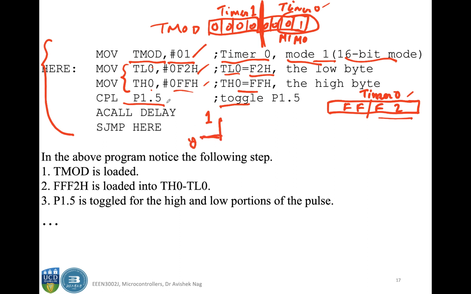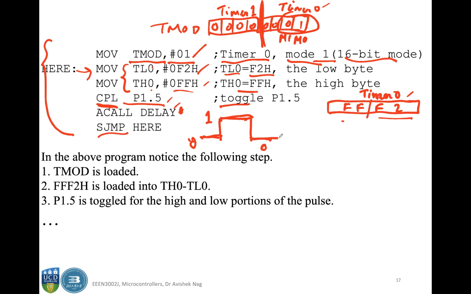So port 1.5 will reach state 1 from 0 after this operation, and it will remain in state 1 for the value of this delay, whatever it is. Then you are short jumping to this line again, the timer will again be loaded with this number, and the complement operation will happen, so it will move to 0 now.